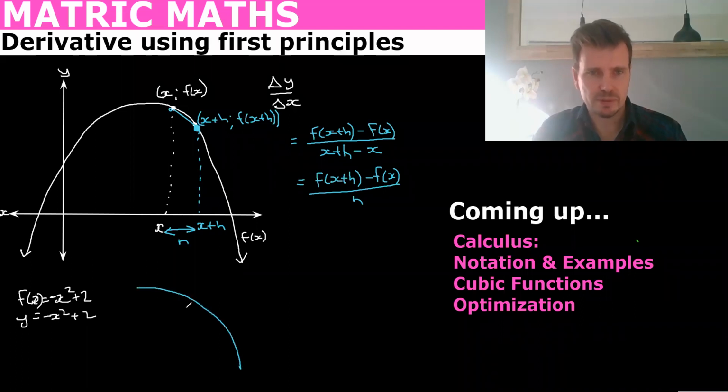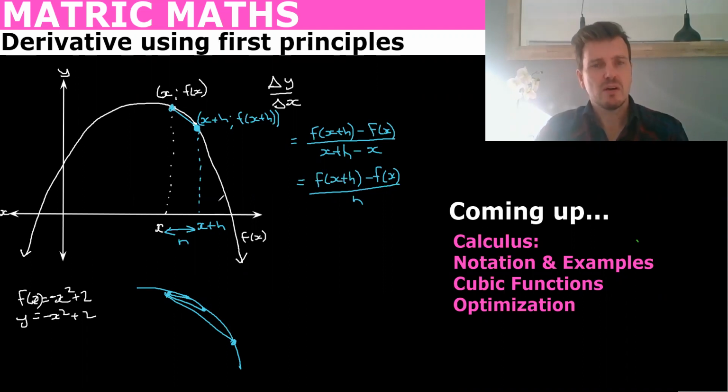Okay, so say that was the slope. Between here and here, the slope's not that accurate. But if I was to do it here and here, it would be even more accurate. So as h gets smaller, the slope gets more and more accurate to what the slope would truly be at this point.